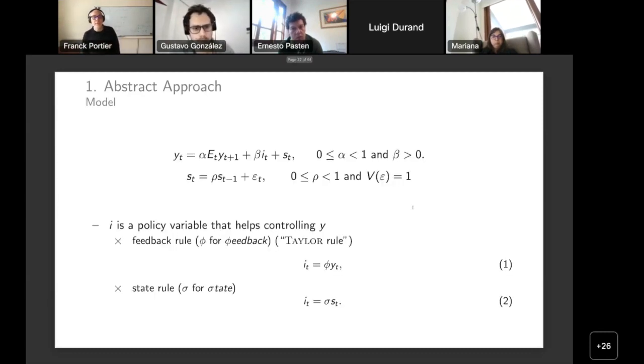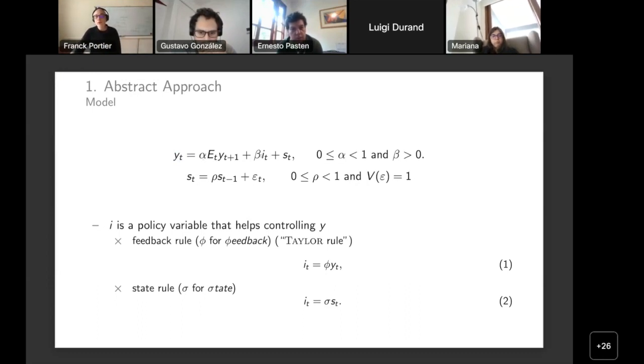So let me use this simple abstract model. It's just one behavioral equation and an exogenous variable. I have my variable of interest y, which I assume to be forward-looking, so it depends on the future value of y. Alpha is assumed to be between 0 and 1.